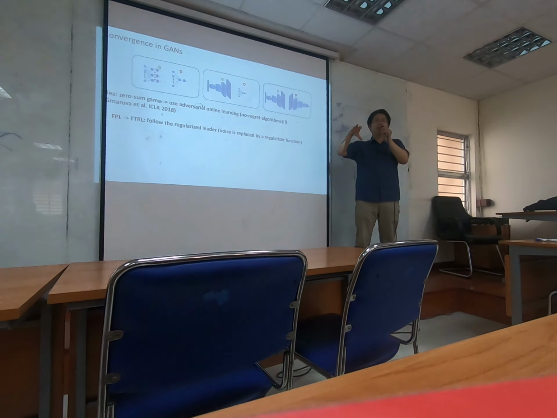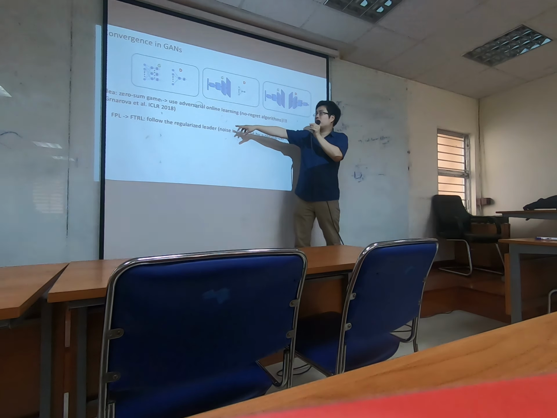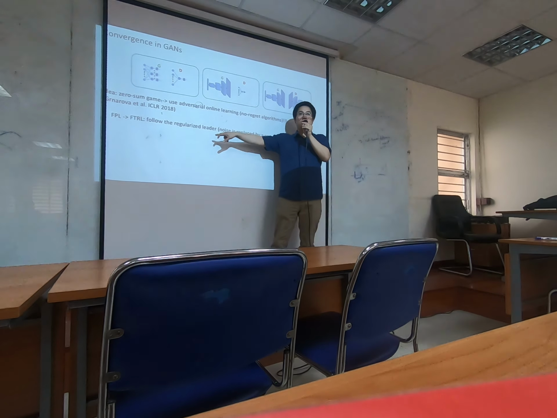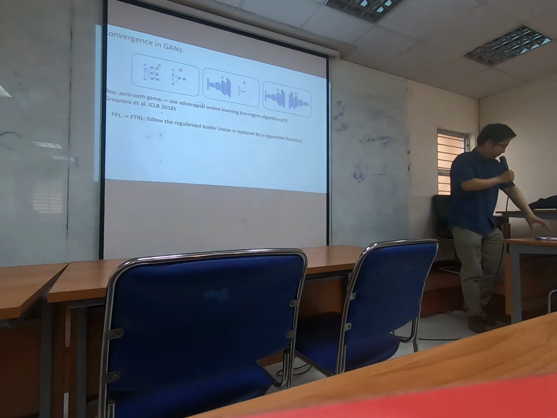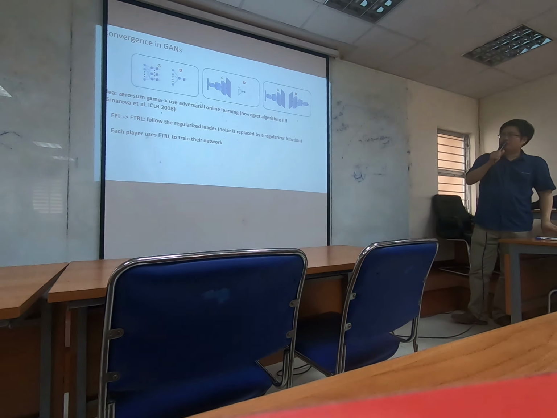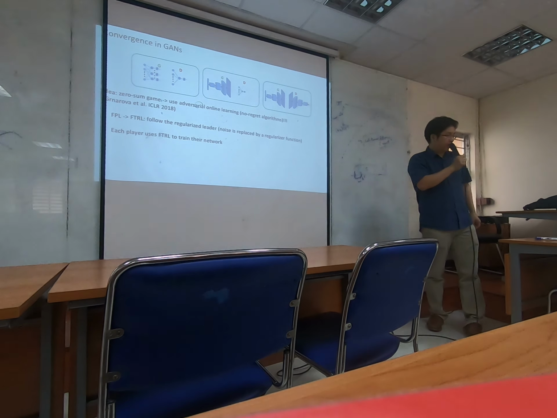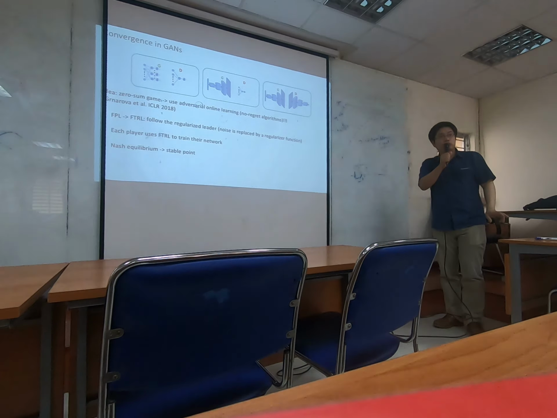Remember, if you follow the perturbed leader, they add random noise to it. Here in this case, we don't add noise, but we add a regularizer term to make things sparser. By using this algorithm, they train both components of the network, and it happens to converge to a stable point.